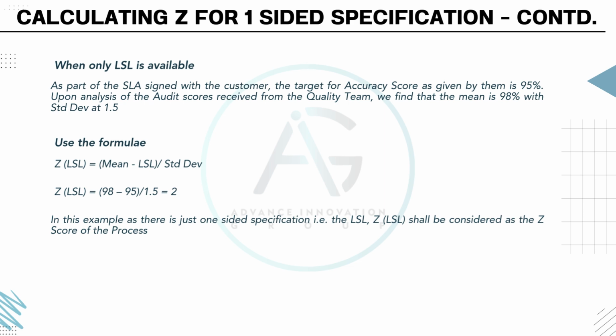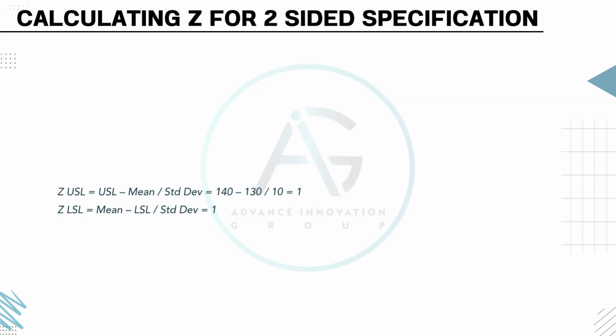Use the formula Z LSL equals mean minus LSL divided by standard deviation. Z LSL equals 98 minus 95 divided by 1.5 equals 2. In this example, as there is just one-sided specification, i.e., the LSL, Z LSL shall be considered as the Z-score of the process.